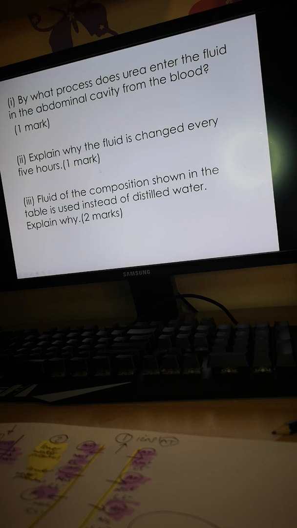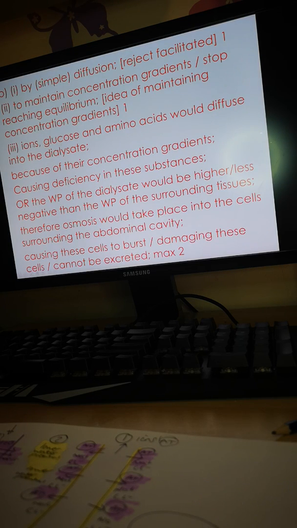So again, this is just application of movement of molecules, because if you didn't, there wouldn't be a concentration gradient, it would reach equilibrium. The idea that you need to maintain concentration gradients by exchanging the fluid, so the fluid always had higher concentrations or lower concentrations of the things you wanted to exchange.